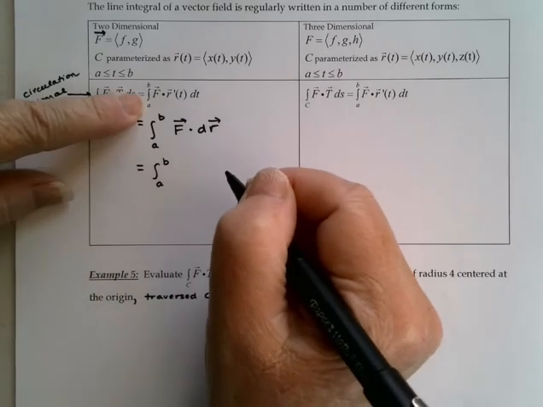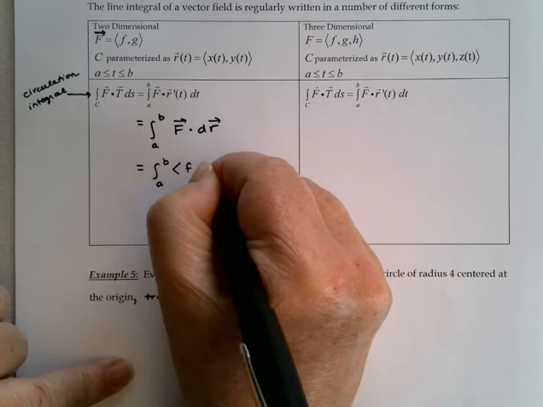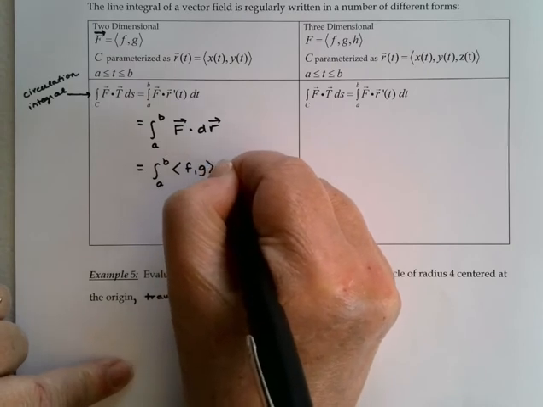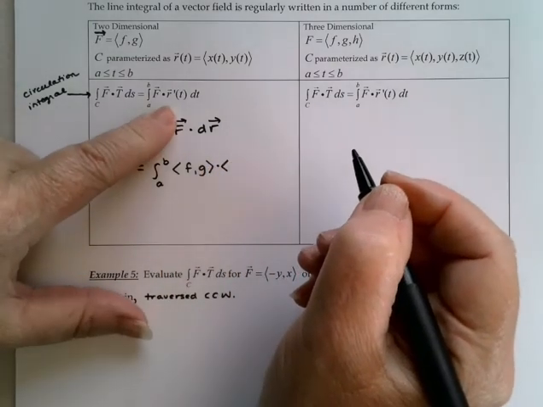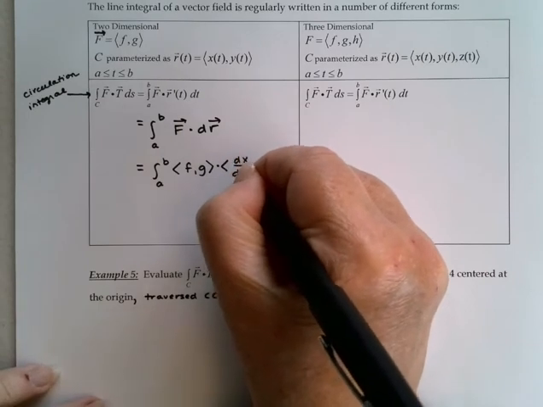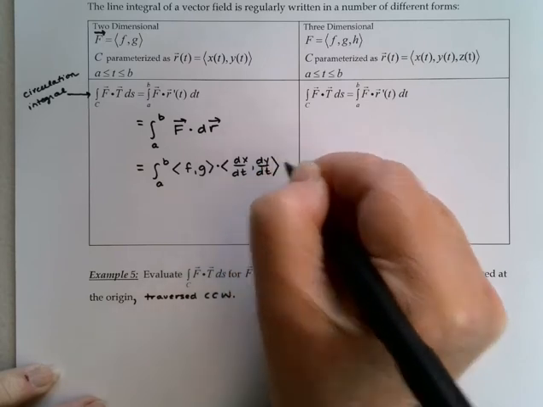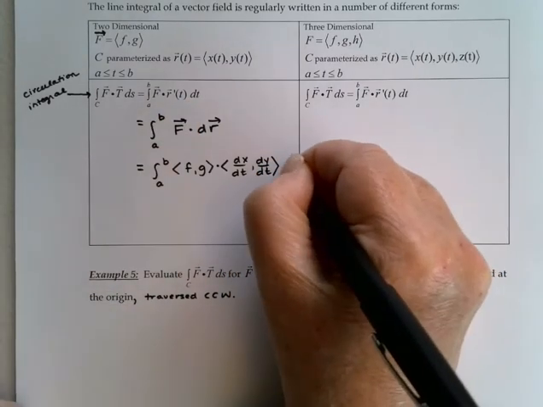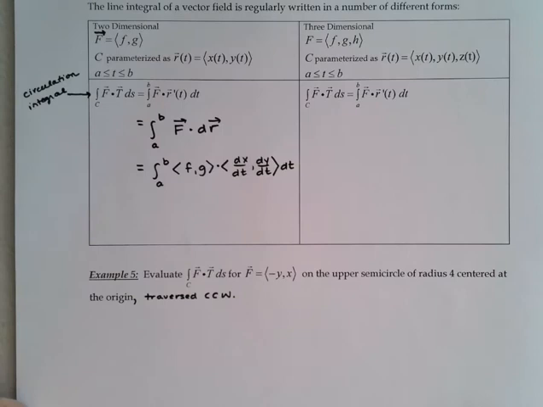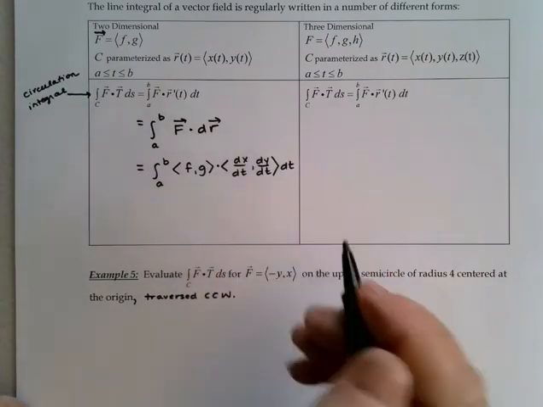If I were to actually write this out, F was f comma g, dotted with r prime, which would be dx/dt, dy/dt, times dt. I could actually let the dt's sort of cancel out algebraically.